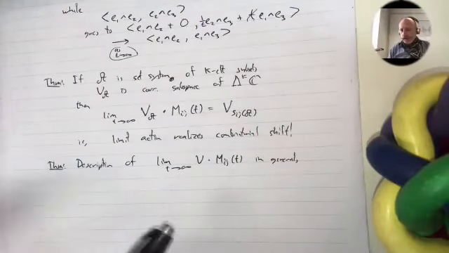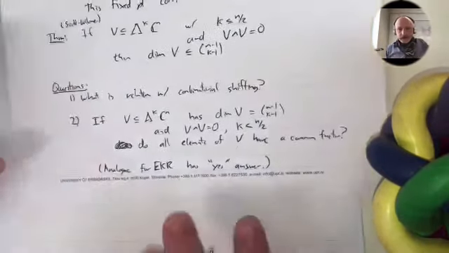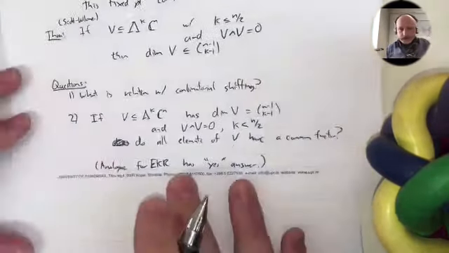So let me close here by going back to the questions that I wanted to ask. What's the relationship with combinatorial shifting in this Borel fixed-point approach? Well, these limits of matrix actions realize the combinatorial shifting.